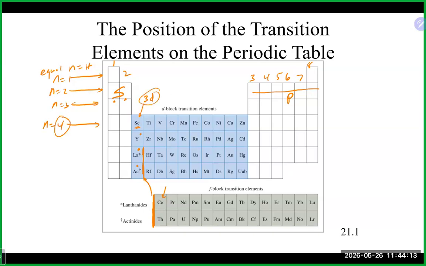So remember that D is basically 1 behind the period number. And down here, the Fs don't start until 4, so that is 4F. And since it technically goes here, which is the 6th energy level, it is actually 2 behind the 6th period, with that being 4F, and below it would be 5F.